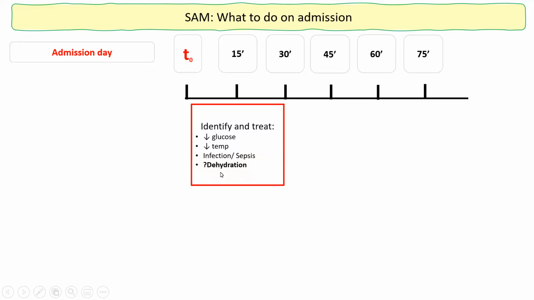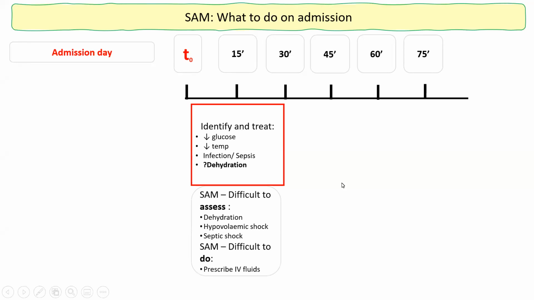The child should also be evaluated for potential dehydration, and it's critically important that the history is much more reliable in terms of the child's hydration status rather than the clinical features, for reasons that I will allude to later. But this needs to be done quickly. So as soon as the child enters a health facility, within half an hour or 15 minutes preferably, the child should be stabilized and antibiotics instituted for treatment of sepsis.